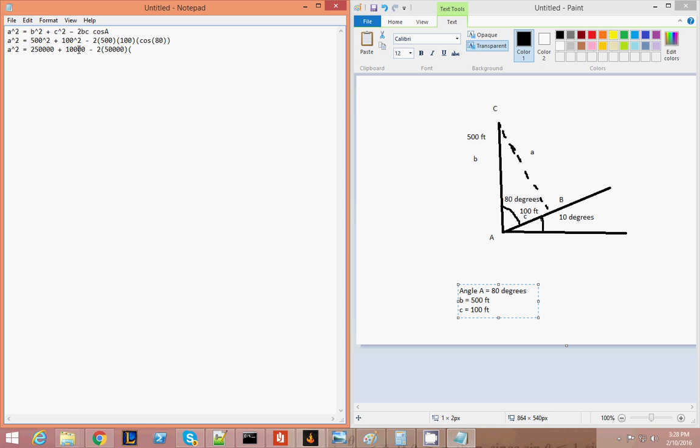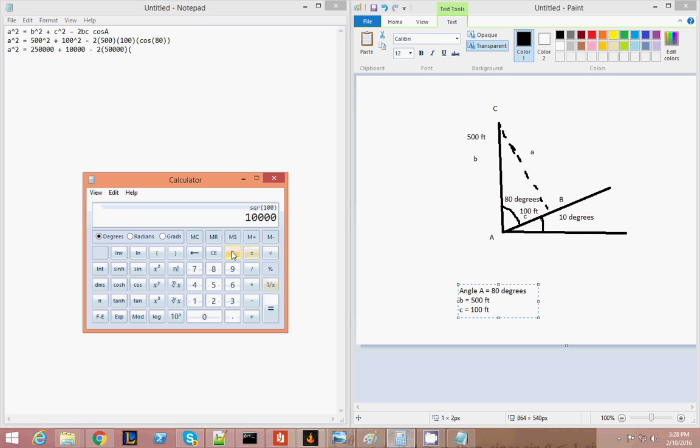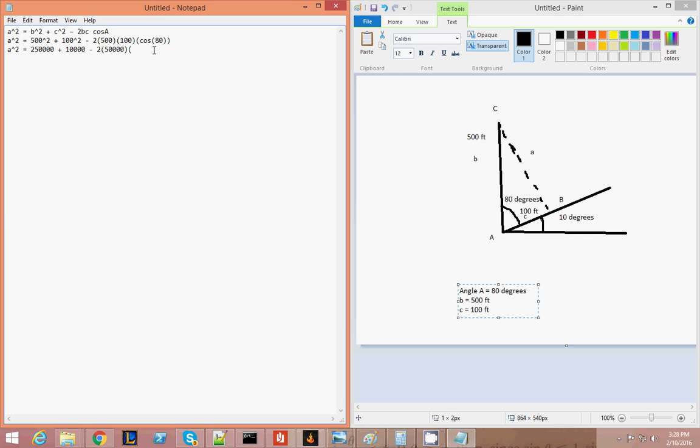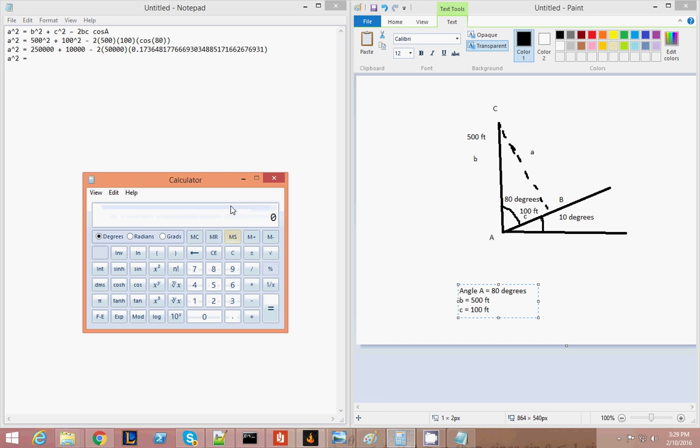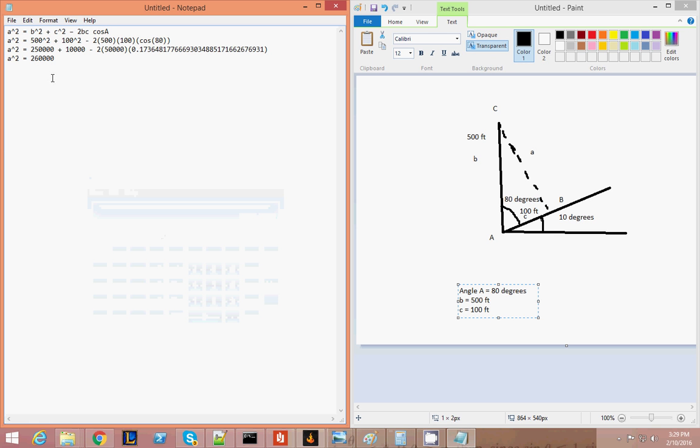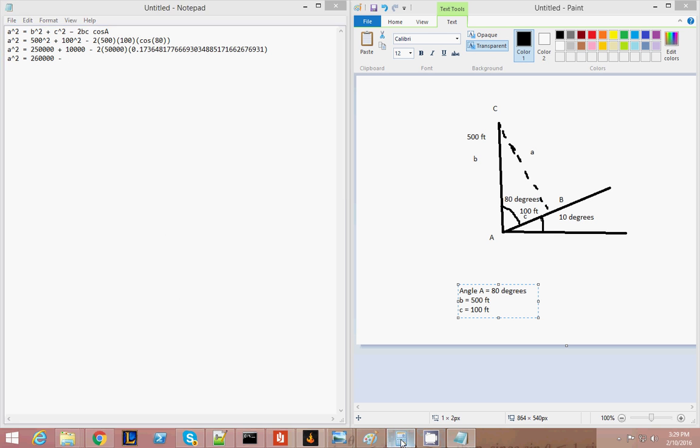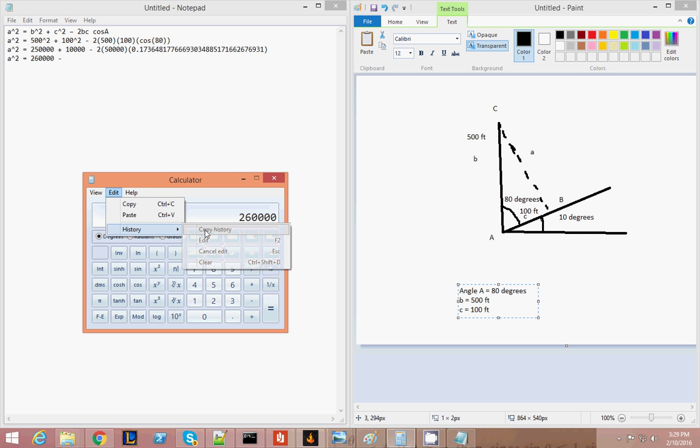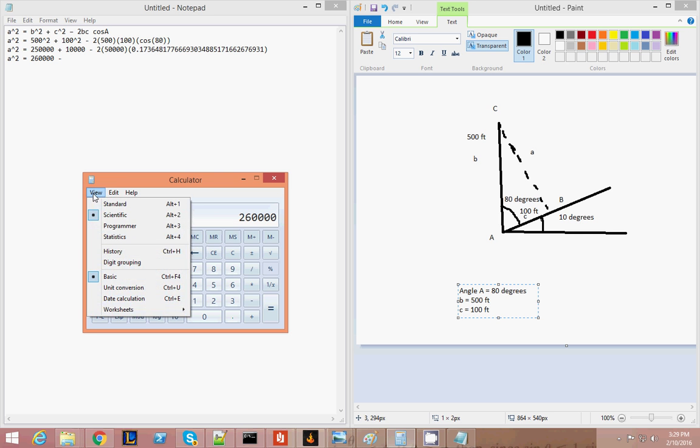Now we continue until we get to A squared. I'm just going to type the whole thing over again. 250,000 plus 10,000 is going to be 260,000, minus, and we're going to multiply the cosine times 50,000, and multiply that by 2.